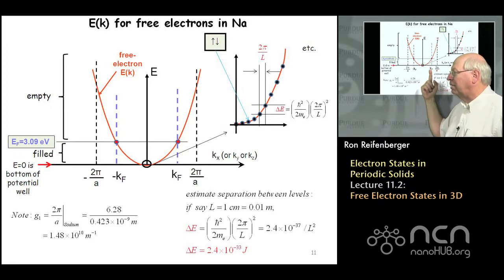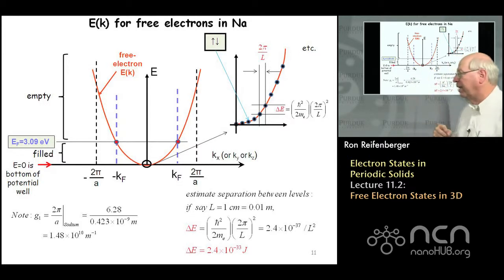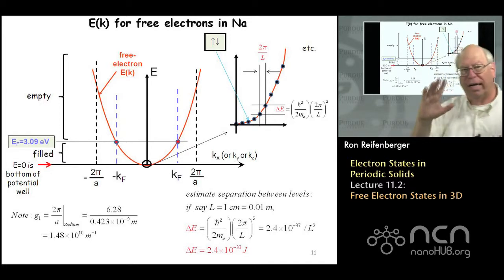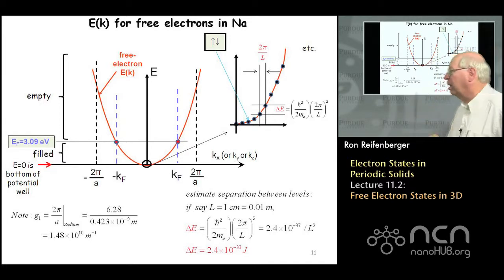So for the case of sodium, the electron states don't even come close to these special values designated by the reciprocal lattice vector. When they do, very interesting things happen, and that'll be discussed later on in the week.